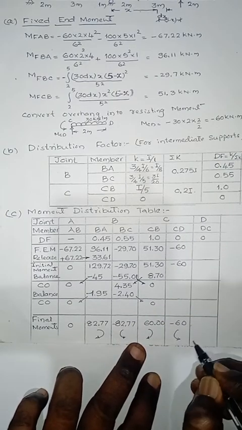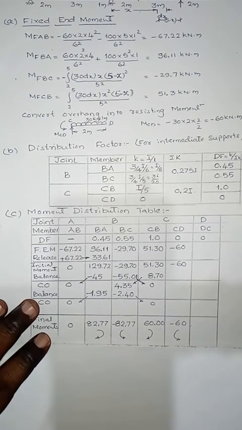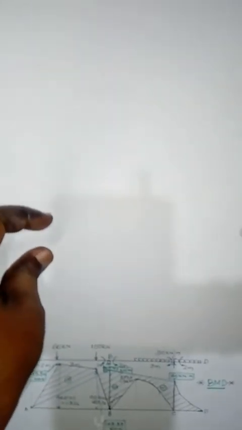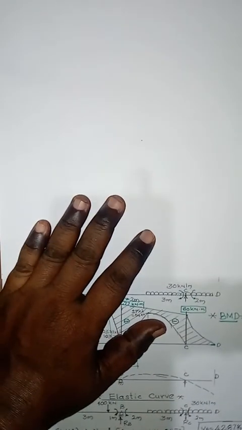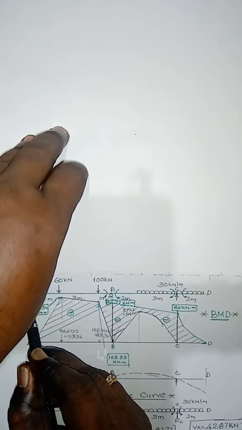Then this one is the resisting moment. There is no need to calculate it, simply leave it. Now to draw the bending moment diagram for this figure. Just now we calculated that the moment at this end is 0, and the moment at this end is 0.